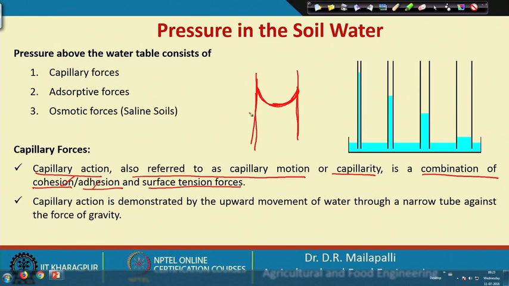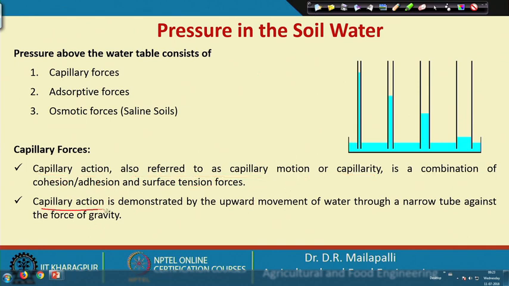The cohesion forces are the forces between similar molecules, like water molecules within the water, while adhesion is the opposite, between different molecules, like here the glass and water. There is a force of attraction between them, and surface tension is due to the pressure acting on top and the water pressure here.